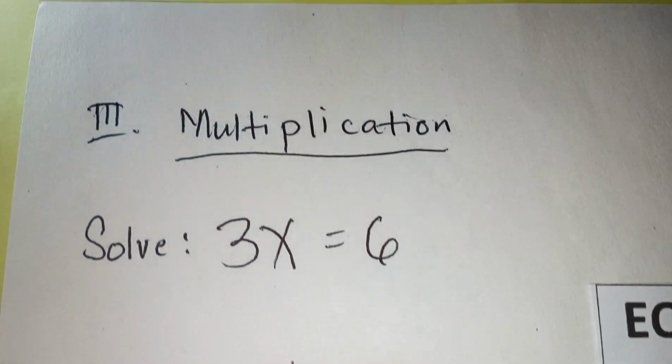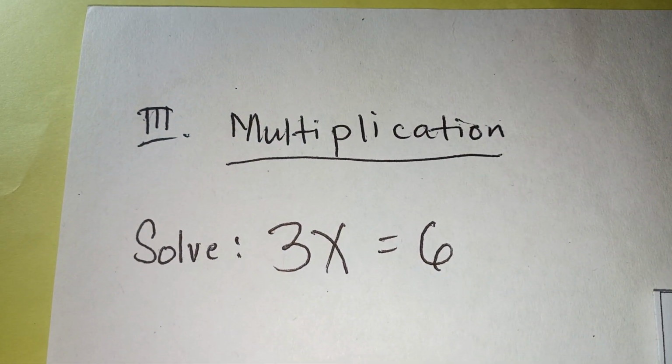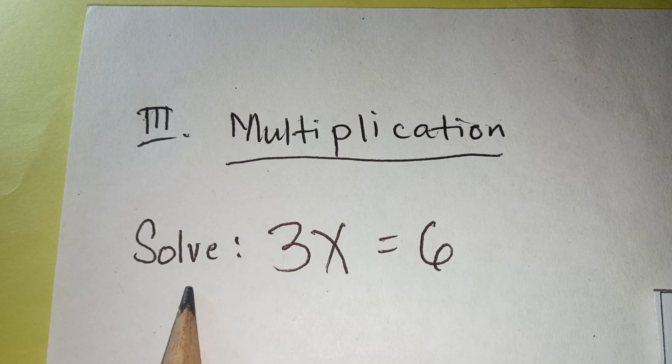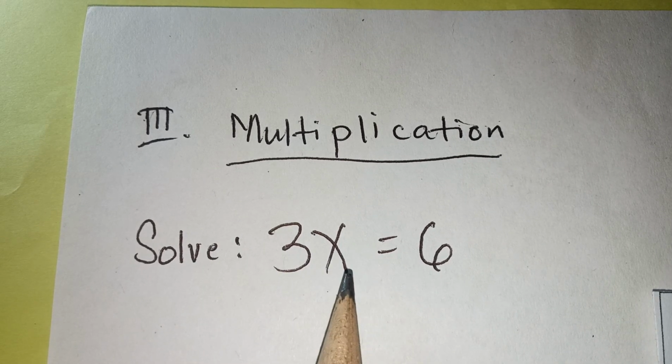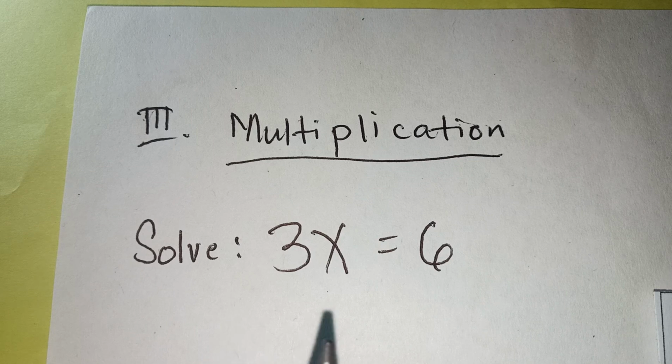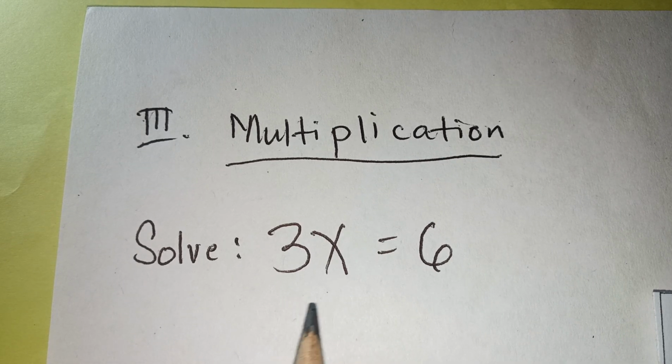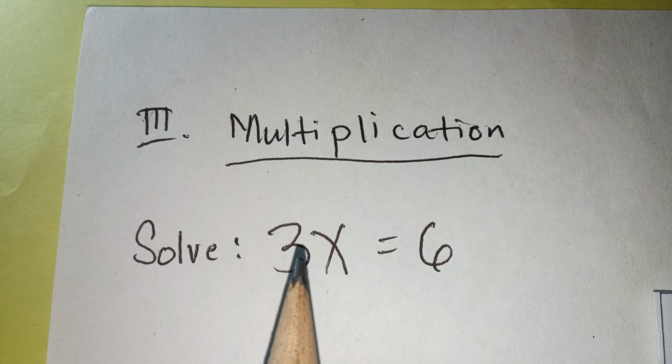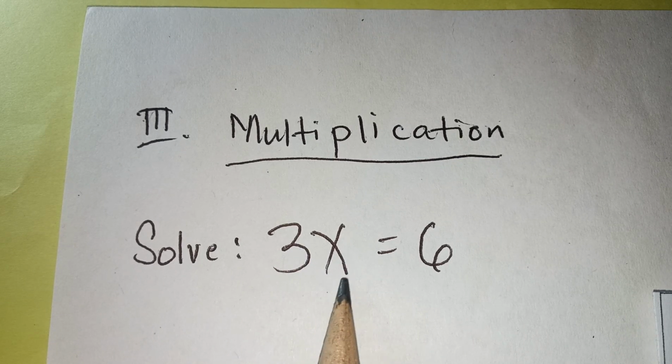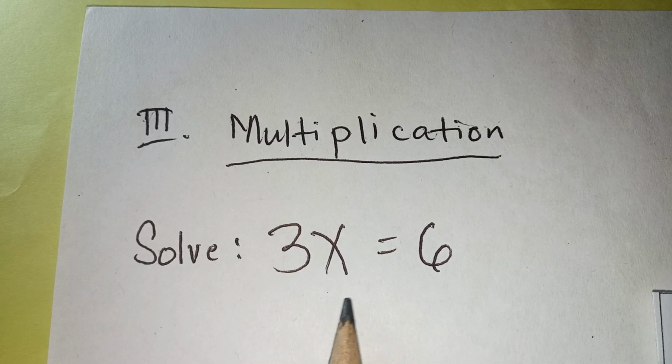Sample: 3x equals 6. Etong 3x na to sa mundo ng algebra, ang ibig sabihin yan ay 3 times x. Pag may nakita kayong kasamang number at kadikit niya ay variable, times yan. You are multiplying.